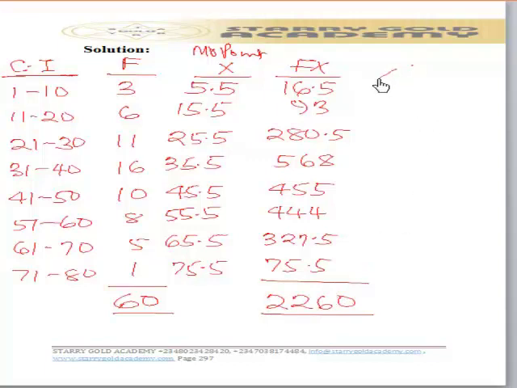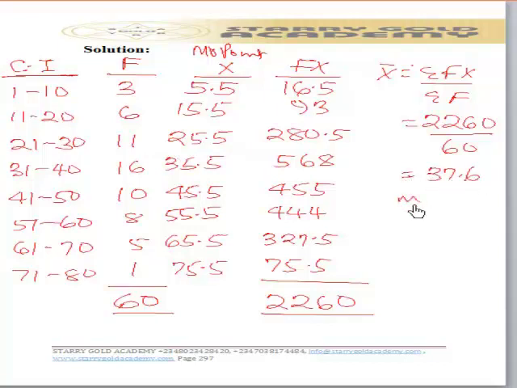So from there, we can get our arithmetic mean, which is summation fx over summation f. And this will give us 2260 all over 60. So we have 2260 divided by 60, and this is 37.6.